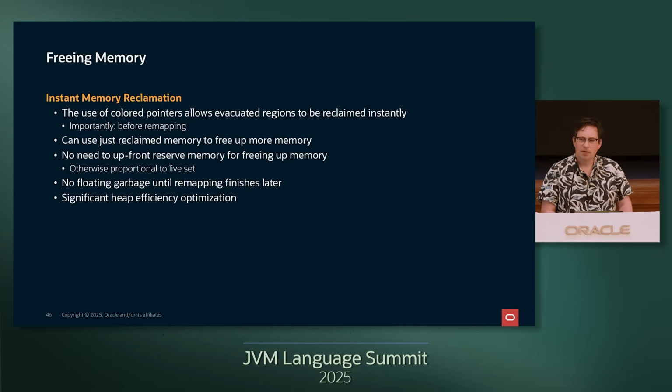And because of this feature, not only do we have less floating garbage, but the memory that we're freeing can also be used to facilitate more memory reclamation. So this allows us to move all the objects around without the need for there to be any reserved memory up front, which you usually need. And this is a pretty cool heap efficiency optimization.